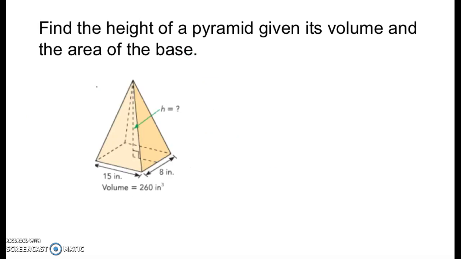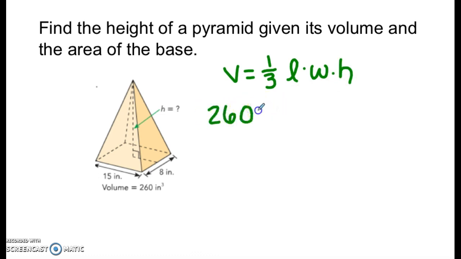In our next example, we want to find the height of a pyramid given its volume and the area of the base. Okay, so again, we're looking at a rectangular pyramid. So let's use volume equals 1/3 times length times width times the height. And let's plug in what we know here. The volume is 260, so we plug that in for V, equals 1/3.